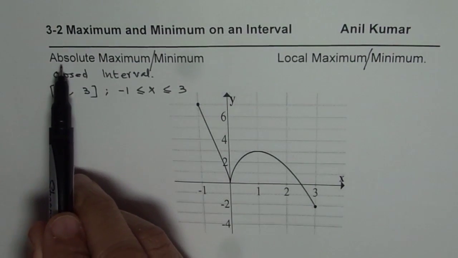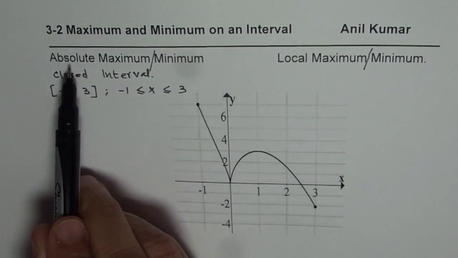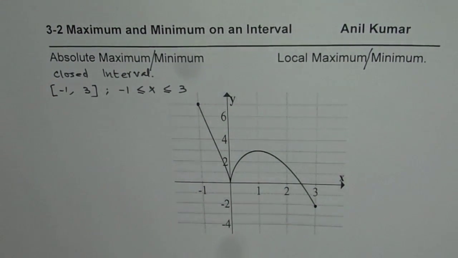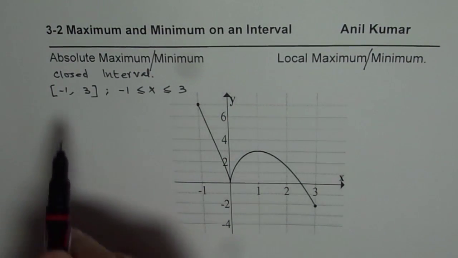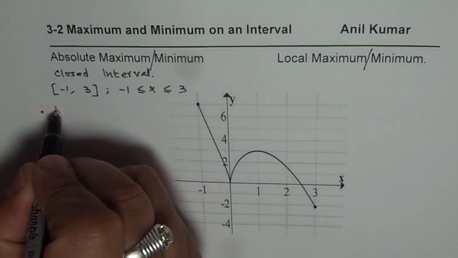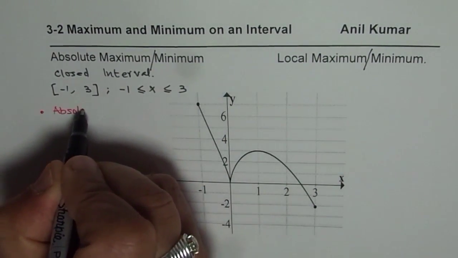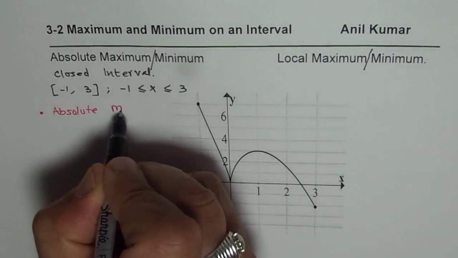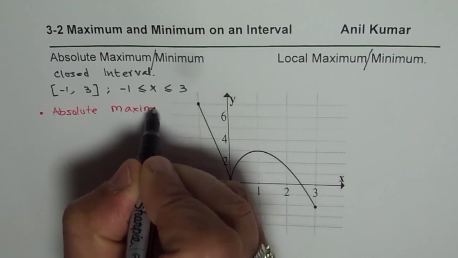What is the absolute maximum value and what is the absolute minimum value from the given graph in this closed interval? So let's find absolute maximum and absolute minimum.